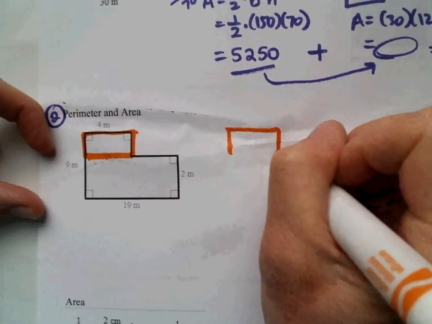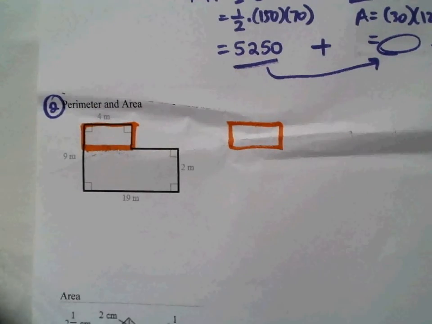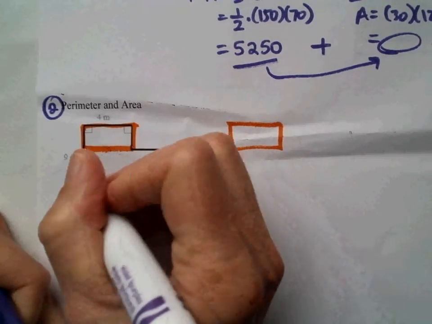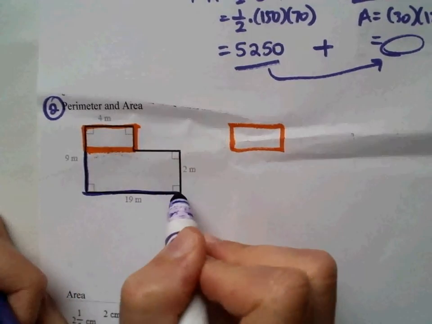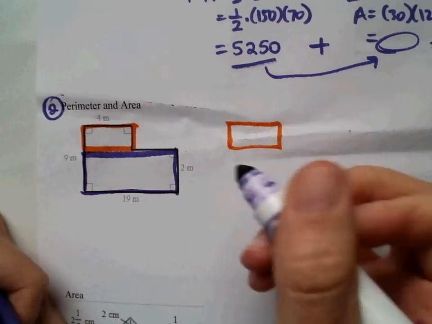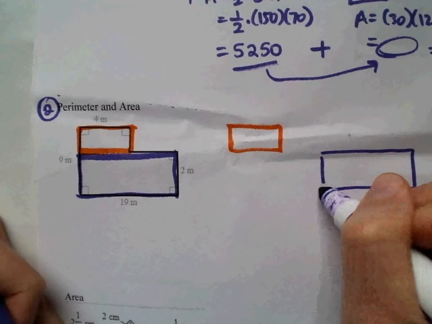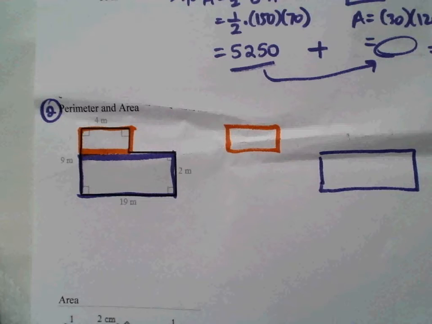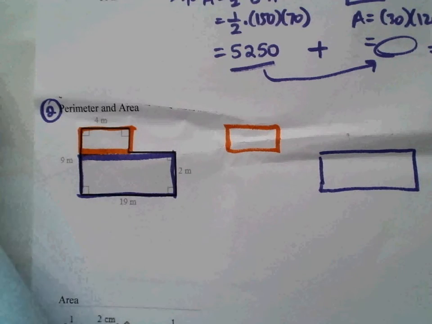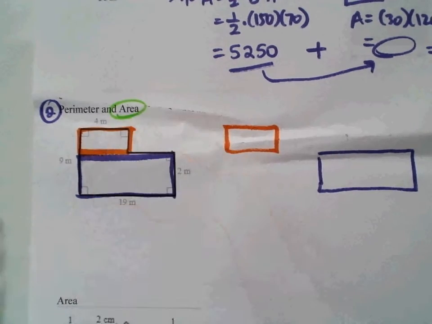So here's my orange rectangle. And then I also see a purple rectangle, and the purple rectangle looks like that. I'm starting with area. Sorry, I should have told you. Starting with area right now.